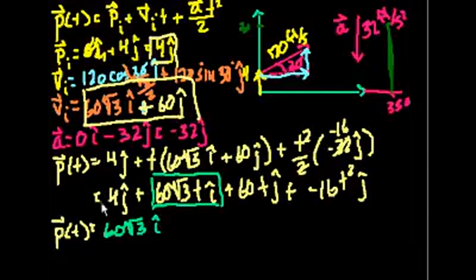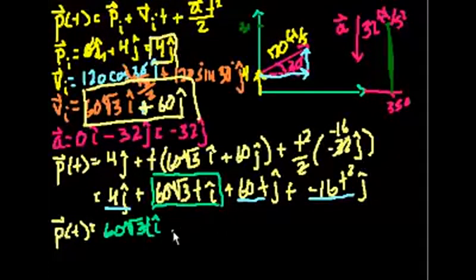And then what tells us the y position of the ball? Oh, sorry, I got rid of the t. There's a t here, times time. And then what tells us the y position? We'll have this positive 4j. That was its initial position above the ground. And then I have 60tj, and then I have minus 16t squared j.